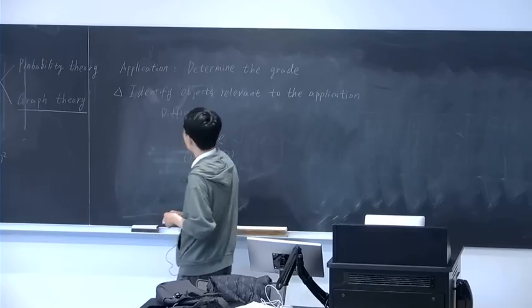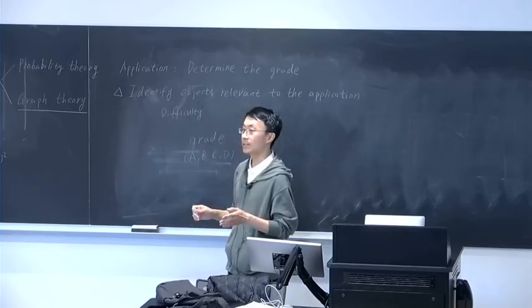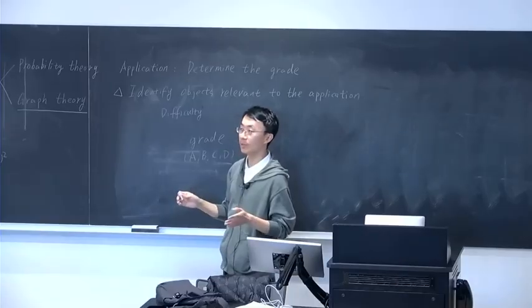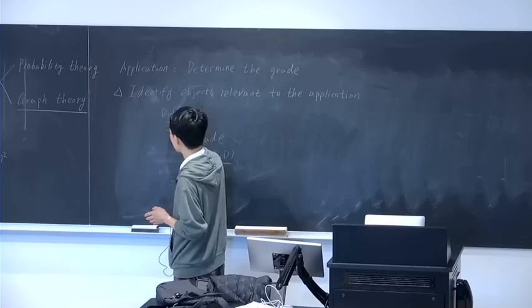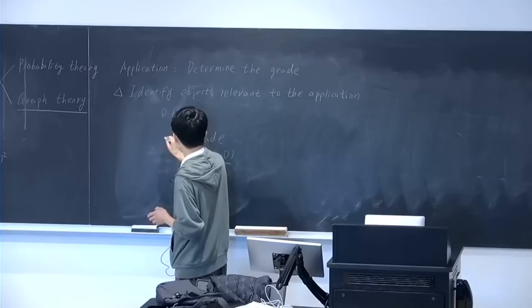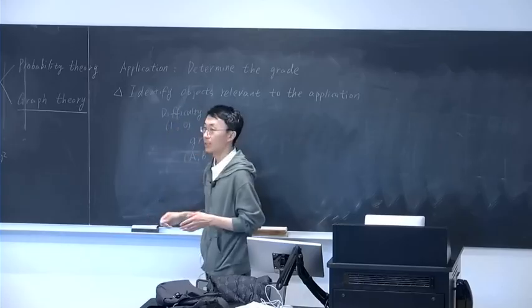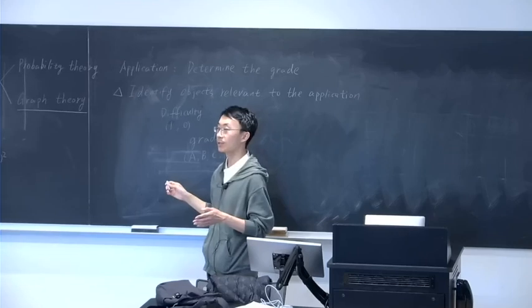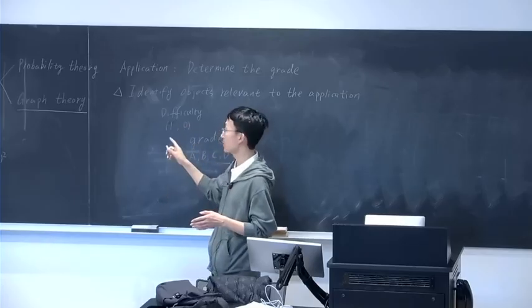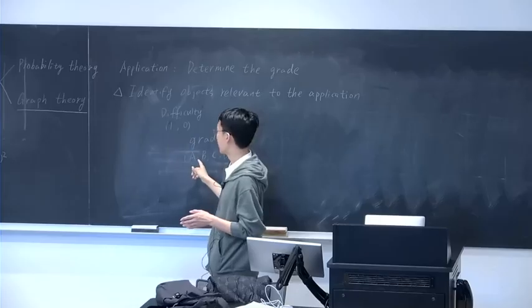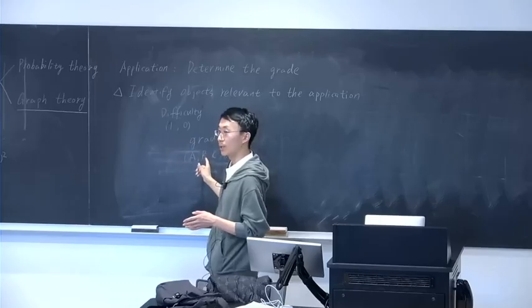For simplicity, let's assume that the difficulty is a binary variable, either 1 or 0. If the value is 1, this course is difficult; if it's 0, this course is easy. Certainly, the difficulty determines my grade. If the course is difficult, then probably my grade is going to be low. If it's easy, probably my grade is going to be high.